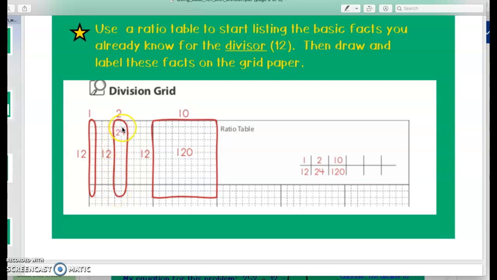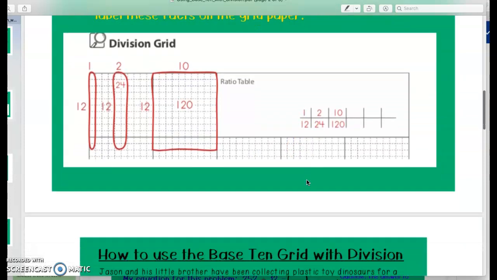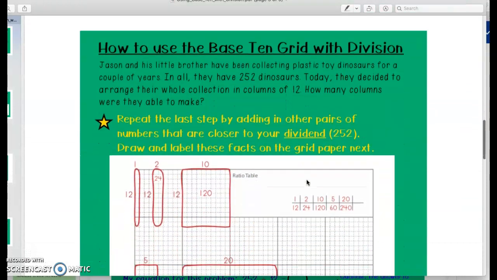A 2 by 12, that's 24. And then I've got a 12 by 10 over here, which is 120. Notice how each one of my base 10 goes along with the ratio table. Now, let's keep going because we still haven't solved the problem.